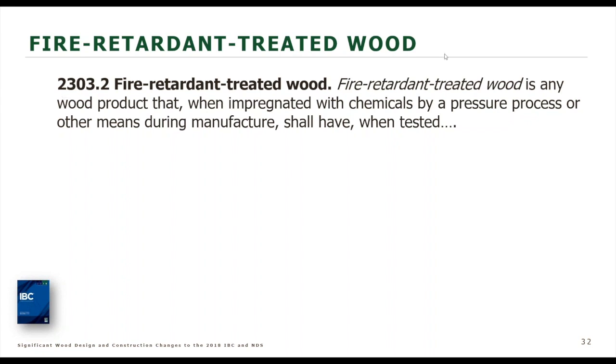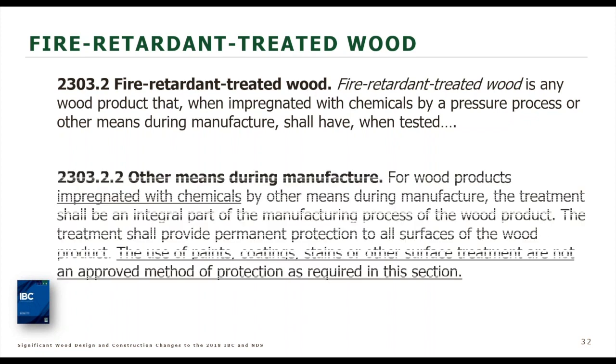wood. Fire retardant treated wood is any wood product that when impregnated with chemicals by a pressure process or other means during manufacture. And this is where there was some question about what that means by other means, and what it means to be fire retardant treated wood under this definition.